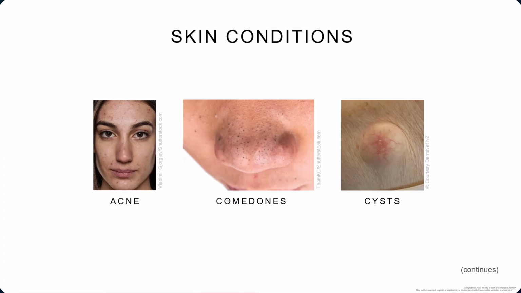And we as estheticians can improve some conditions through regularly scheduled skin treatments and by using specialized products. We also need to make sure that we're avoiding the factors that affect the conditions, and we should be noting any conditions on the client's chart, and also how they're progressing as we move forward with treatments.